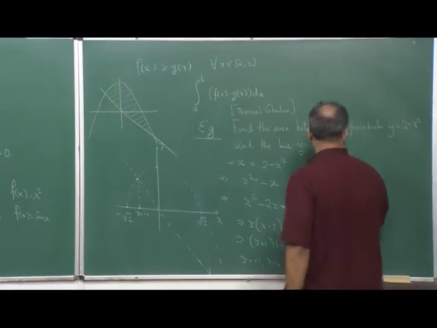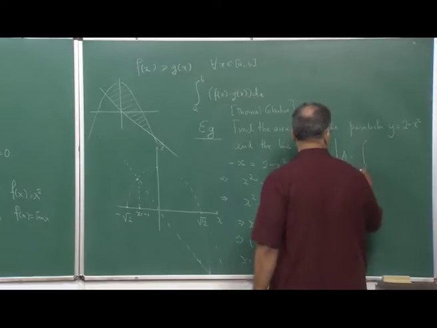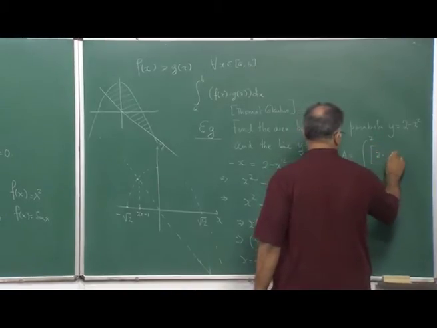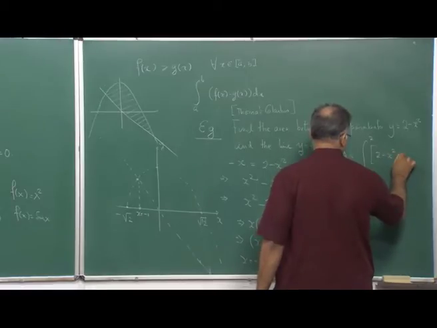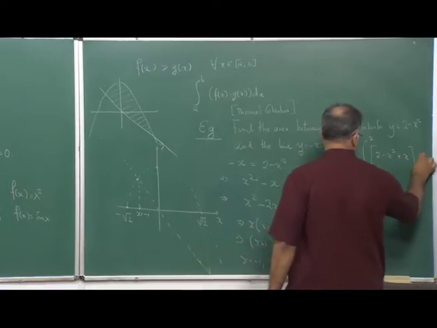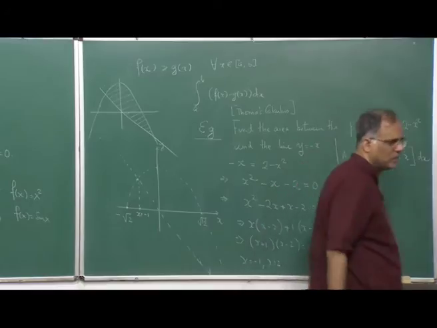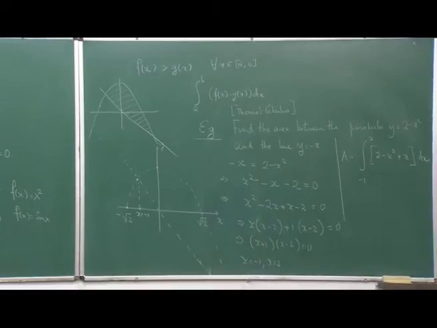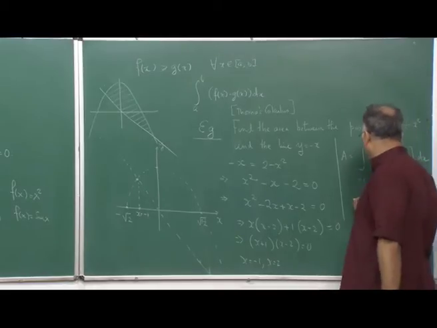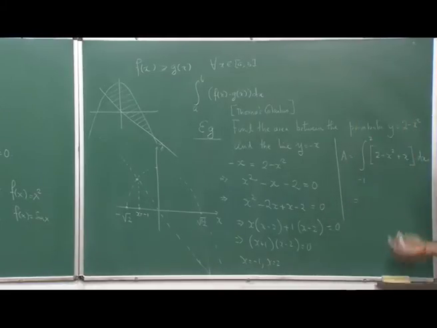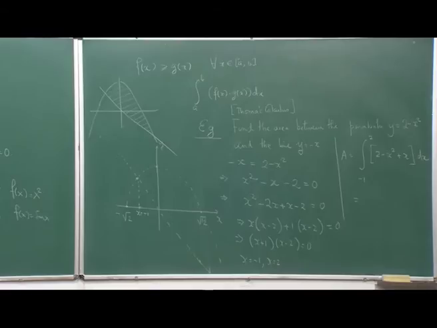So, the area A is the integral from minus 1 to 2 of 2 minus x square plus x dx. So, that is the range. Now, if you integrate, I am not going to integrate it out, I will rather ask you to check the answer, it is 9 by 2.